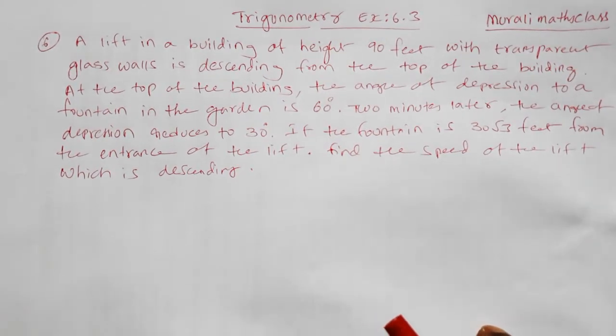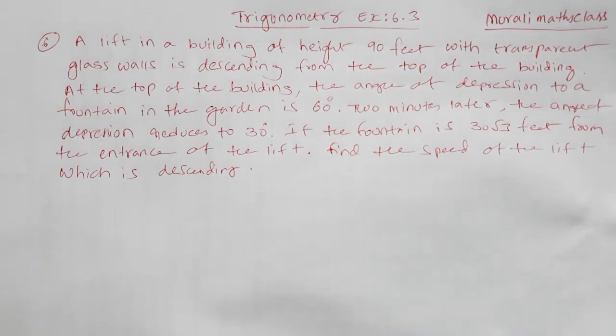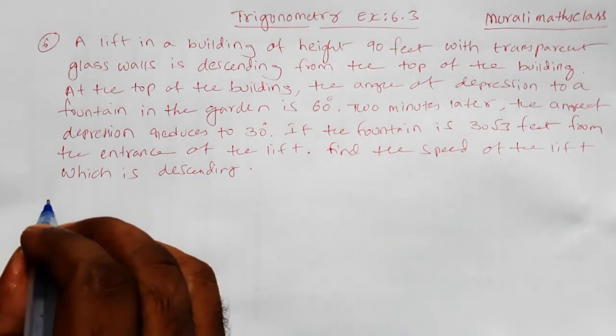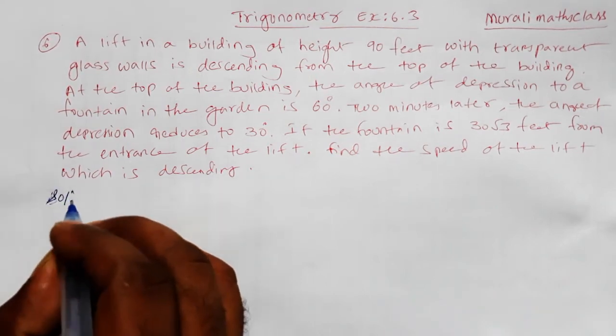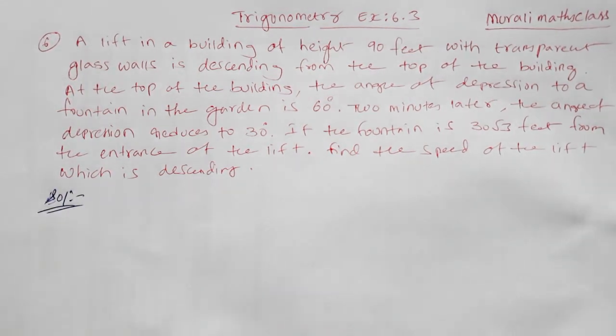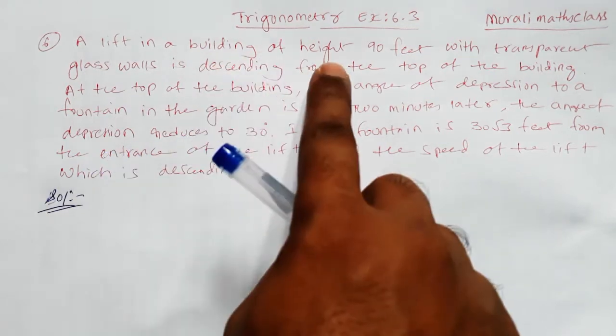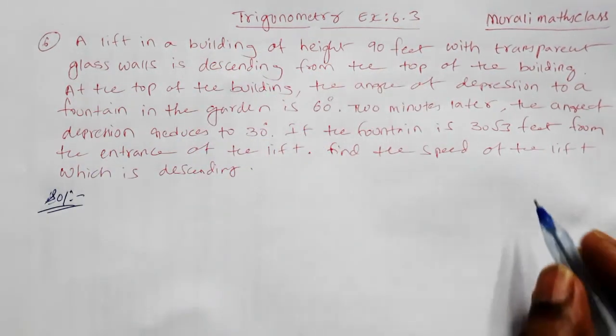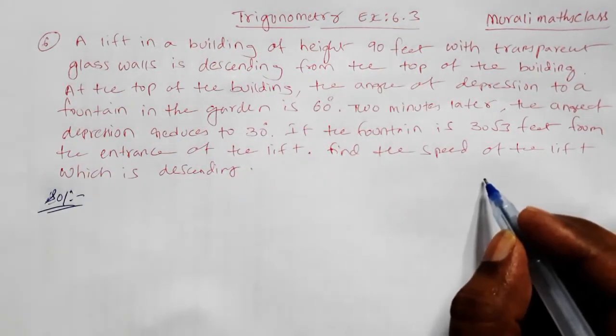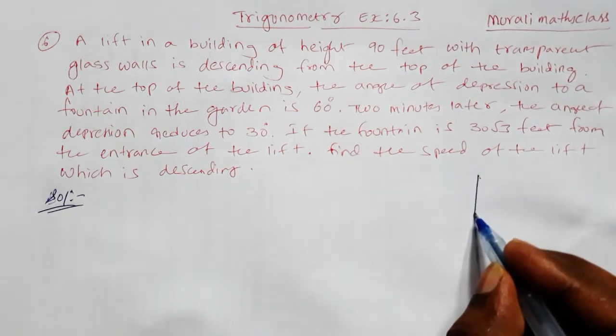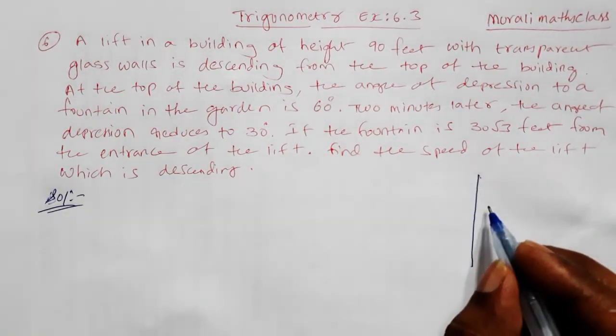So based on this, we have to draw a triangle to solve this problem. Solution. A lift in a building of height 90 feet. So one building is there. This is the building.